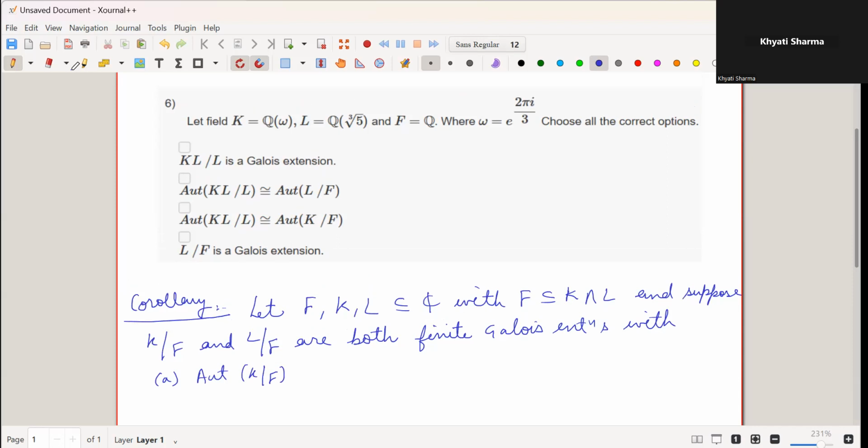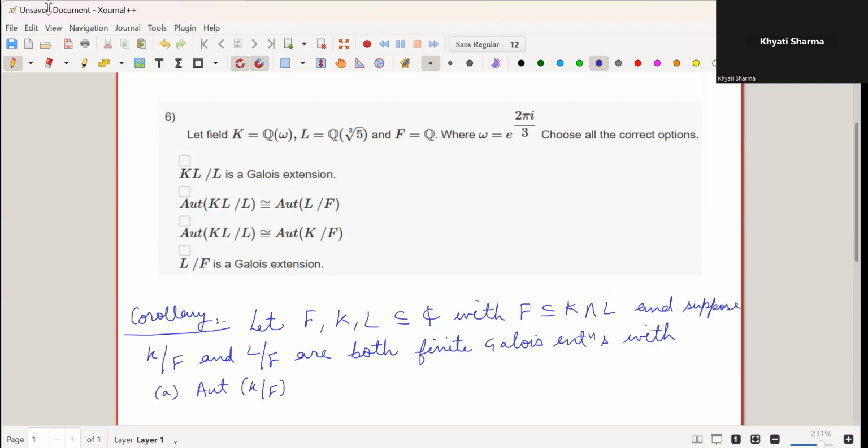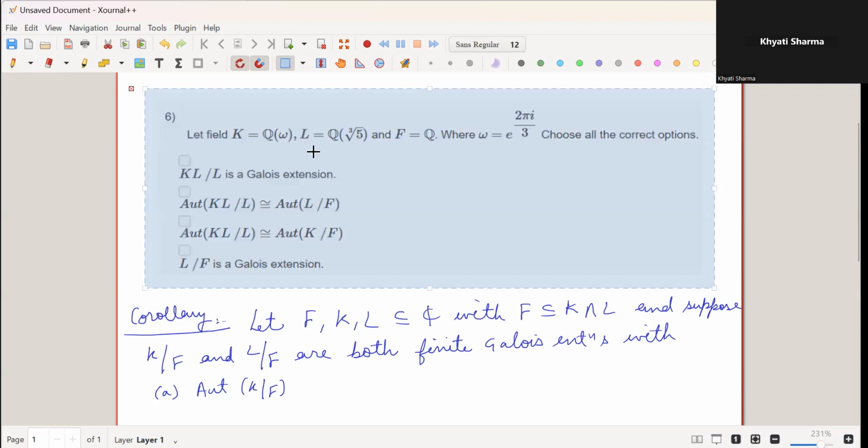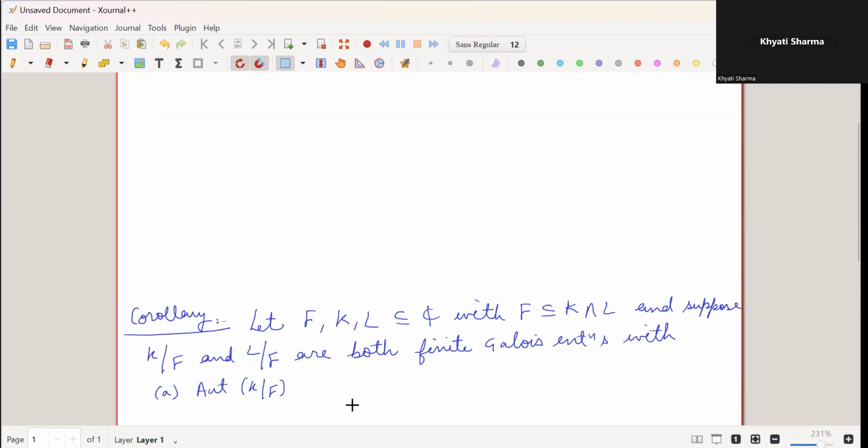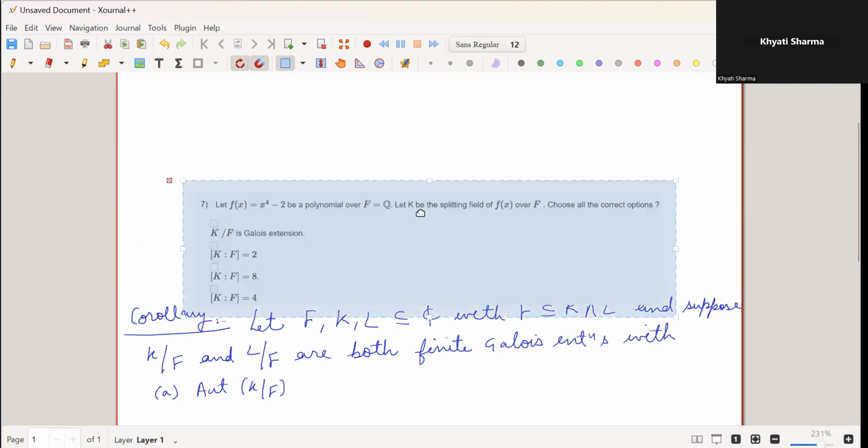Just a moment. I think I copied the wrong question by mistake. Till 6 we have done, so from 7 we are supposed to start. Let me paste question 7 and continue with its solution. Sorry for the confusion.